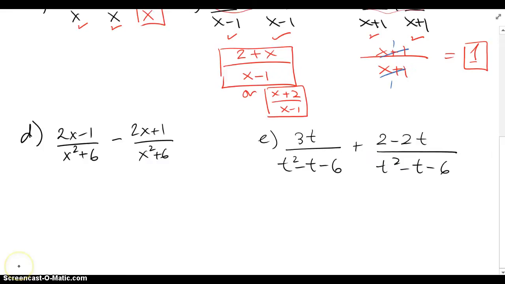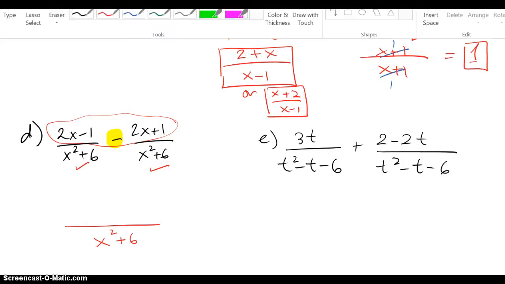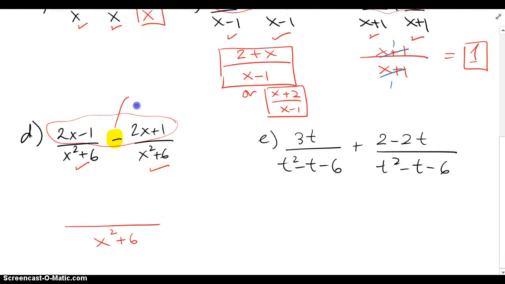Okay, part D, it looks like we are subtracting, and again, check, check, we have the same denominator. We just have to worry about the numerator. So I'm going to keep the common denominator of x squared plus 6. I have to be very, very careful because there's a minus in the middle, and when I have a minus in the middle, that minus actually distributes and affects both items that come after it.